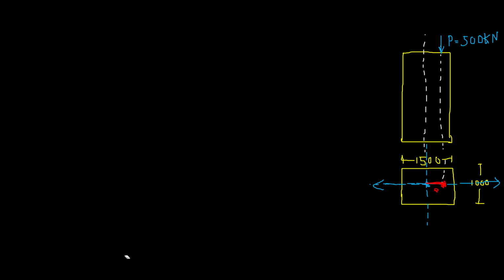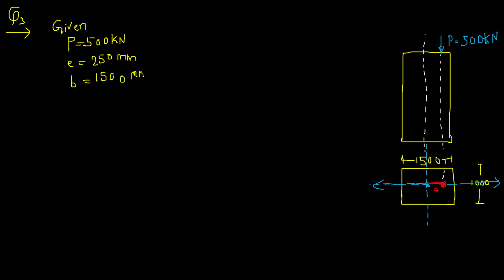Now quickly start writing the given. So this is question number 3. Given: P is equal to 500 kilonewton, E is equal to eccentricity is 250 mm, B is equal to 1500, and D is equal to 1000.